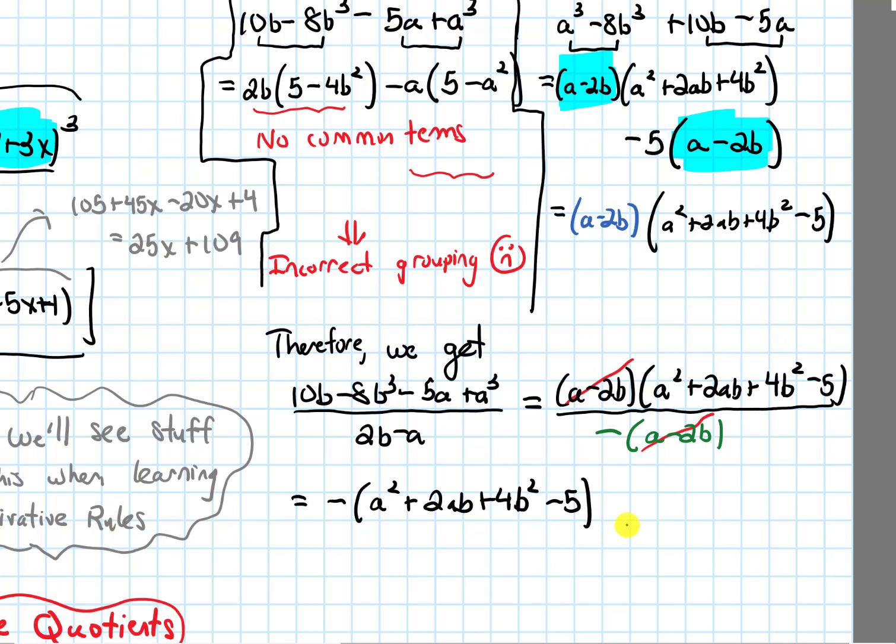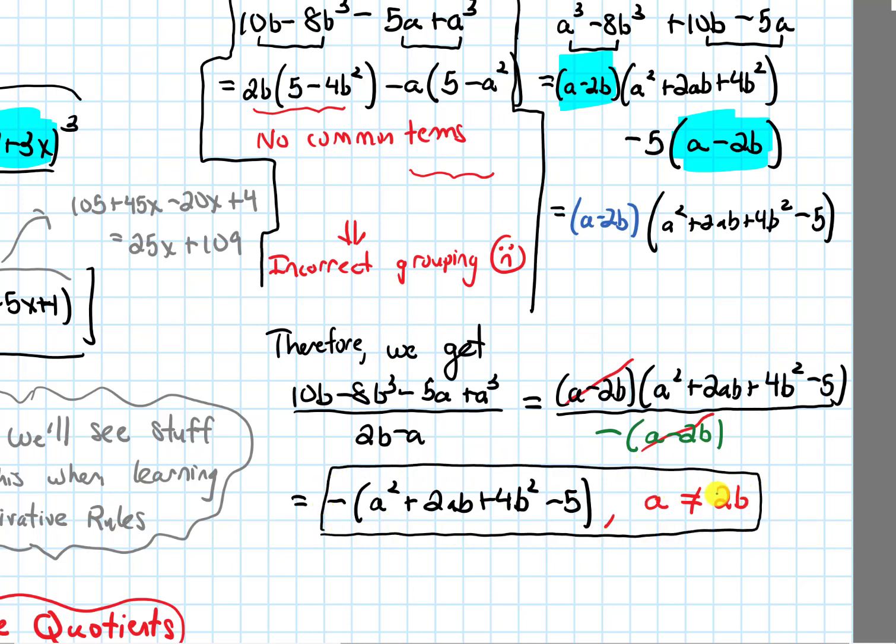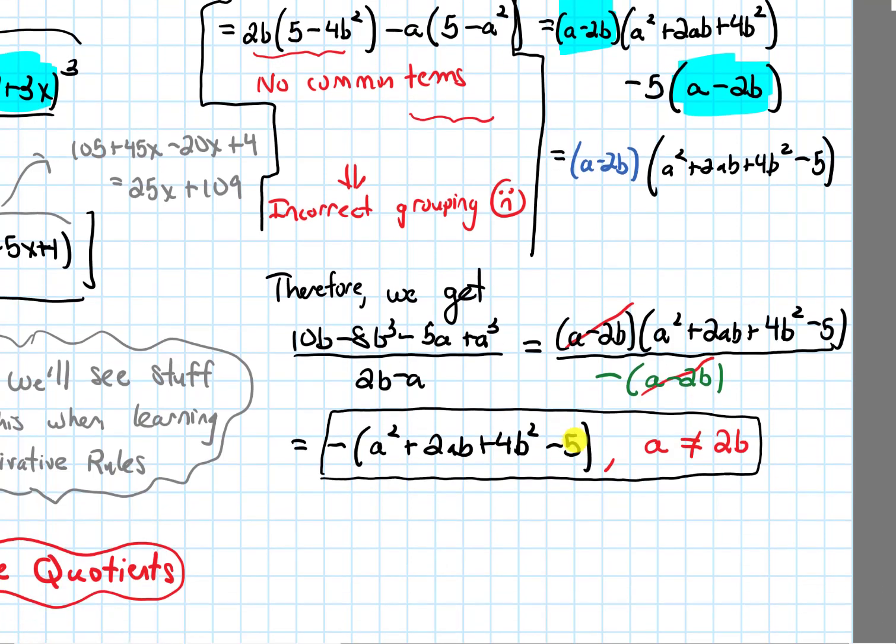So I'm going to include the fact that a cannot be equal to 2b. Because if it was equal to 2b, it would have made my original denominator 0, and that can't happen. It would have made the whole thing undefined. Okay, so this whole thing, including this domain restriction, a is not equal to 2b, that is my answer.